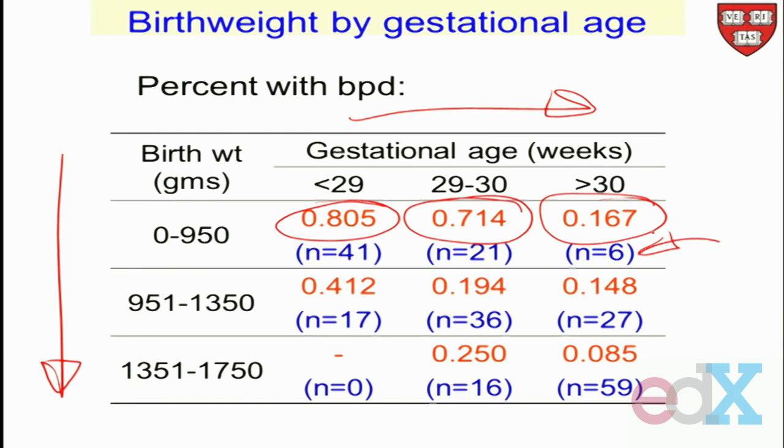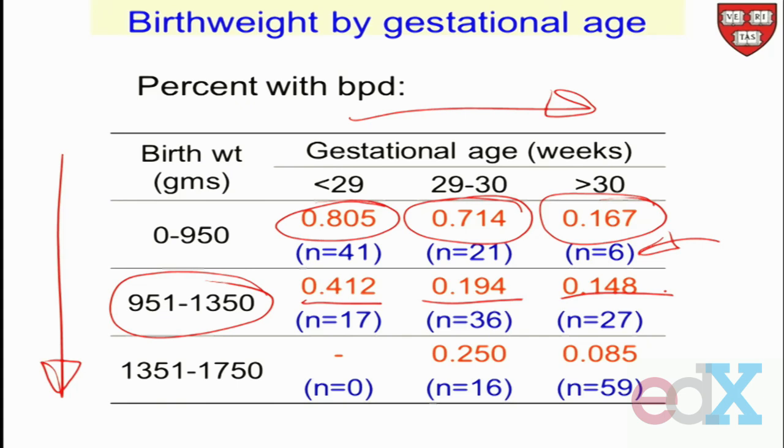even within that birth weight class, gestational age still has some impact in terms of determining who's going to get BPD or not. If we look at this class, we see, once again, a decline in the number with BPD. So gestational age could still have something to say in this birth weight class.